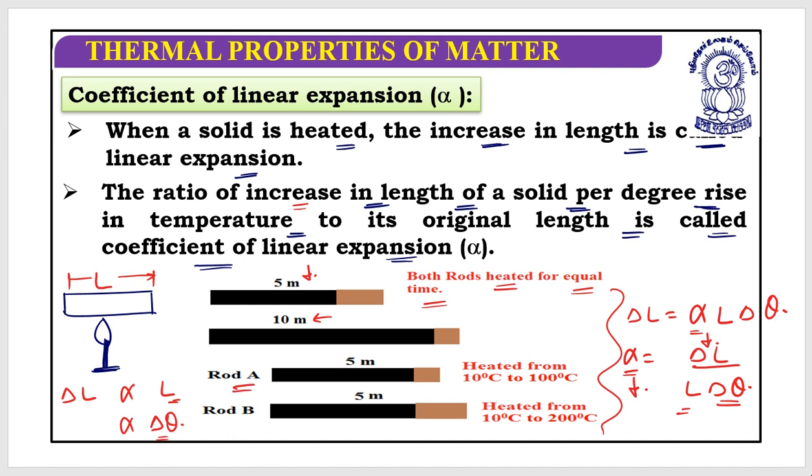Road A has been heated from 10 degrees Celsius to 100 degrees Celsius, a change of 90 degrees Celsius, while here it's the case of 10 degrees Celsius to 200 degrees Celsius, which is 190 degrees Celsius. Both have been heated for equal time, but their rise in temperature will be different. So their change in length would definitely be different.